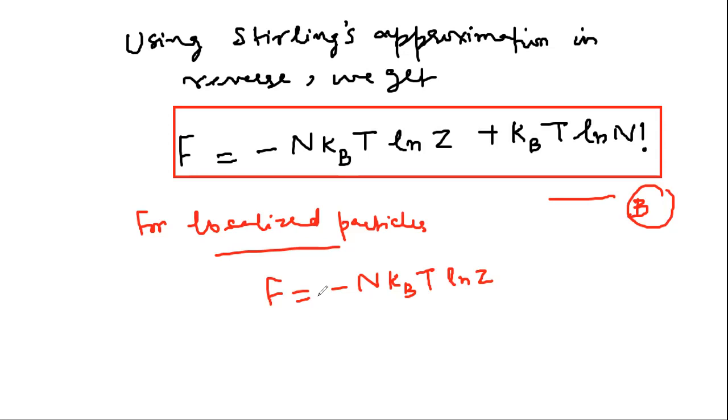When you compare this equation B with this localized case, you see there is an addition of this N factorial term in the case of gases.